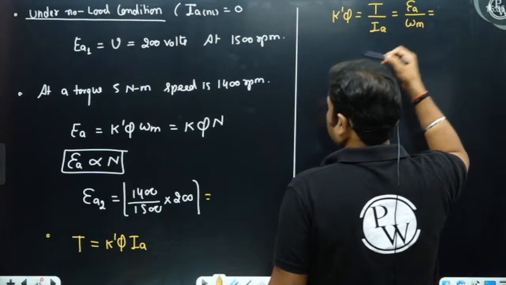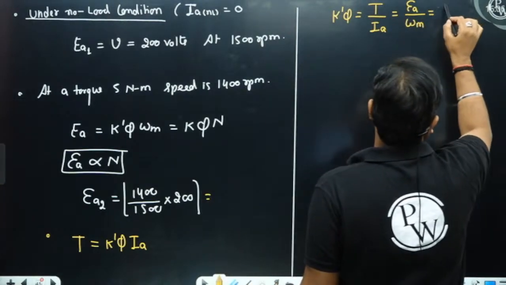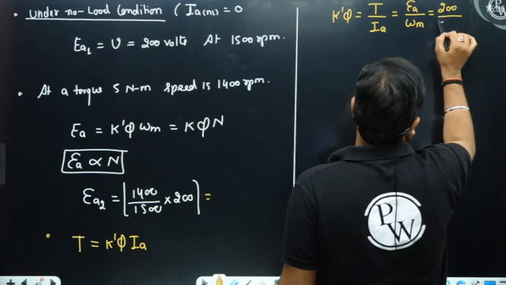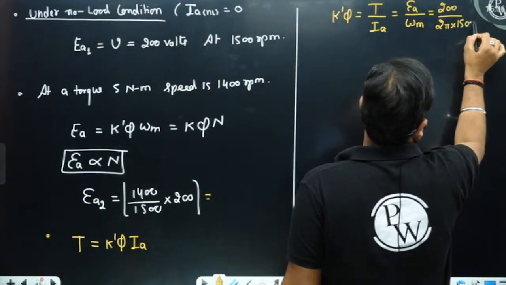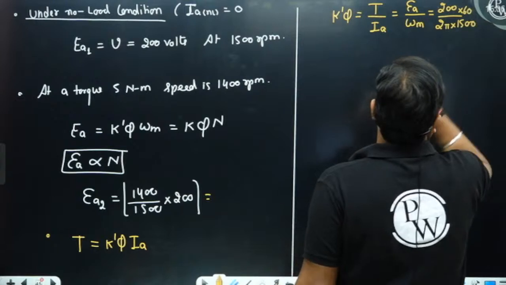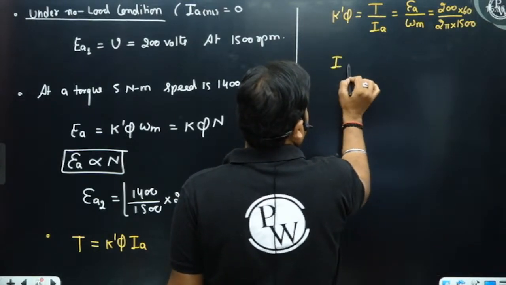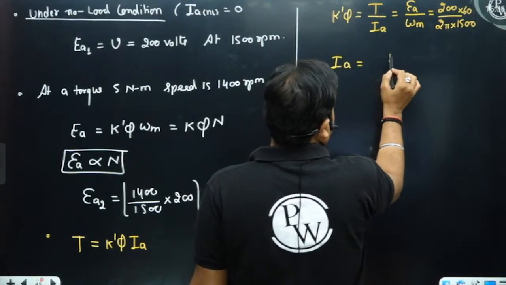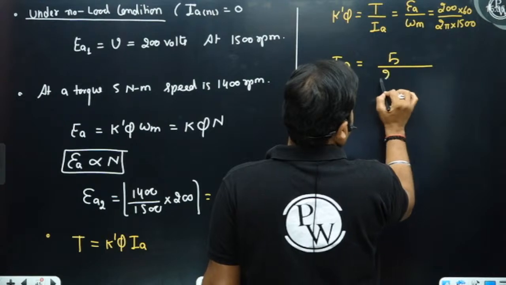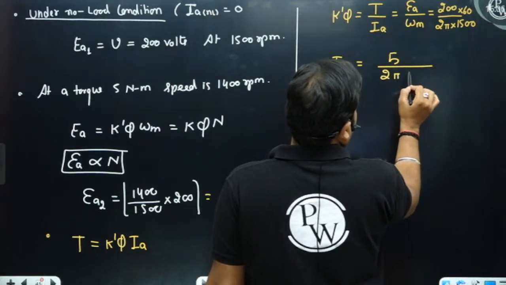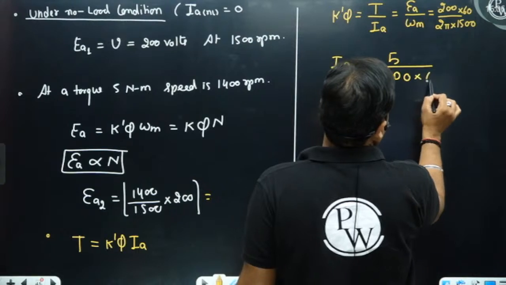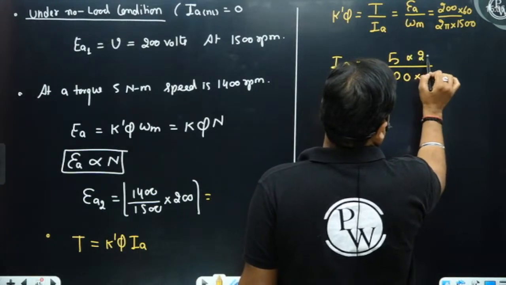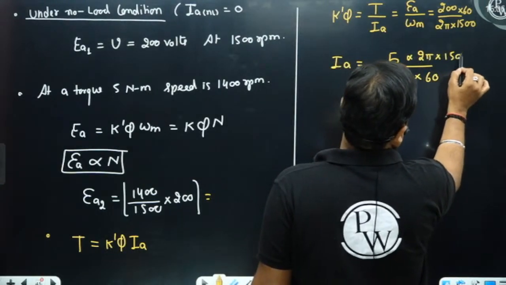So it can be calculated from no load as well. So 200 divided by 2 pi into n, 1500 by 60. What is the value of current IA now? Torque of 5 Newton meter upon K dash phi, that is 5 into 2 pi into 1500 upon 200 into 60.